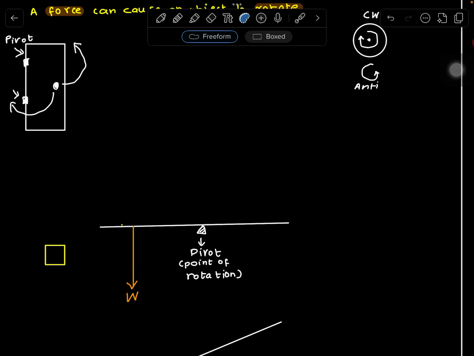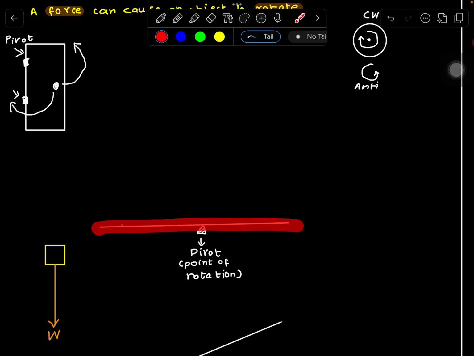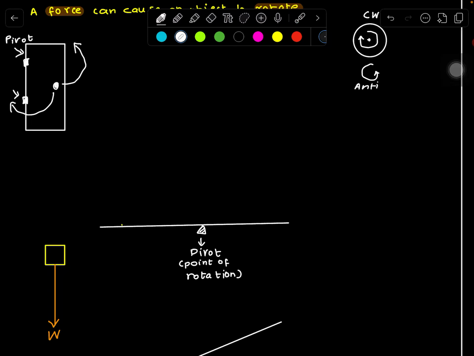Let's say you have a ruler and you're trying to balance it on your hand or your finger. What you'll essentially do is put your hand in the very middle of the ruler at the 50 centimeters mark if it's a 1 meter ruler, and the ruler balances.